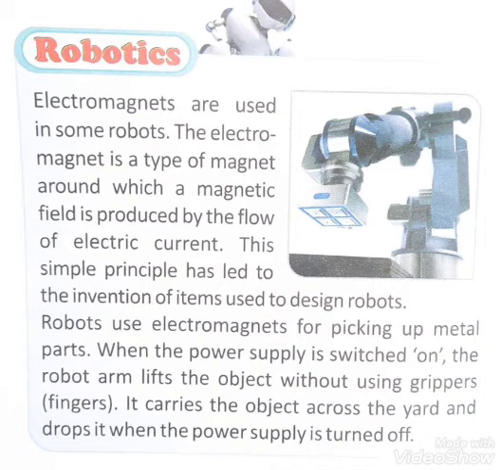So what we learned from here is that when electricity is being used and a magnetic field is produced, electromagnets are produced by the flow of electric current. And just like when the switch was on, electric current started flowing, so the magnet is also working. So the robot, as soon as the electricity is supplied and electric current starts flowing, starts lifting the objects.